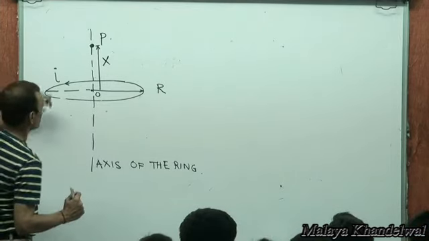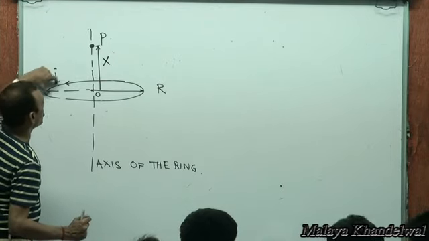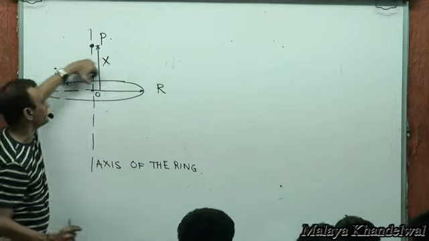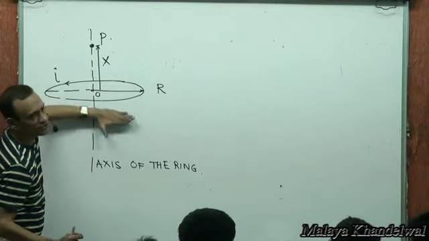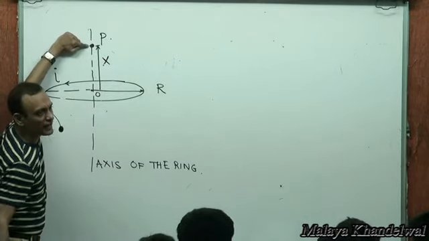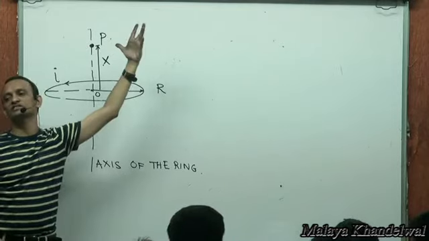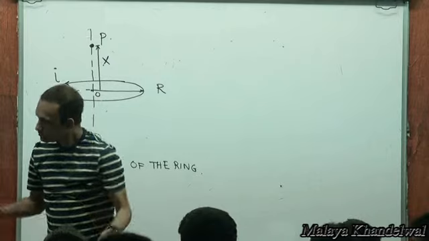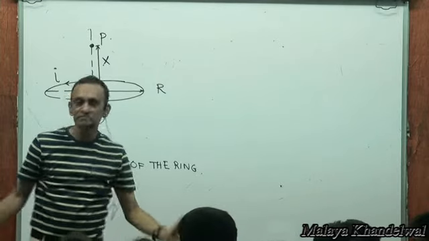What I would do is break up this current carrying wire into several dLs along the circumference. For each dL, I'll compute the field at P and then do a vector or a scalar summation as is deemed fit for this situation. This is what I'm going to do in principle, right?